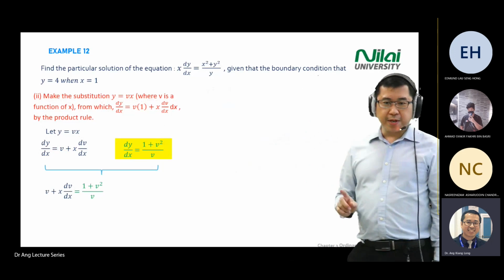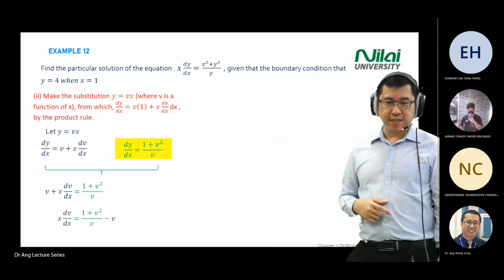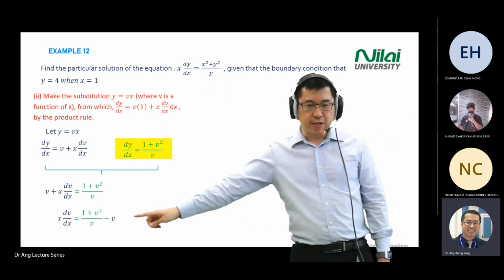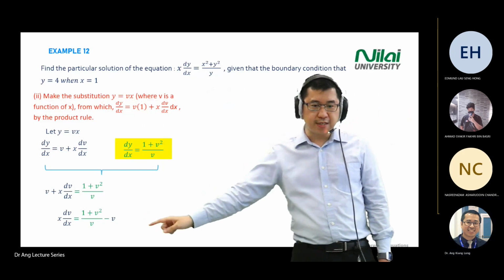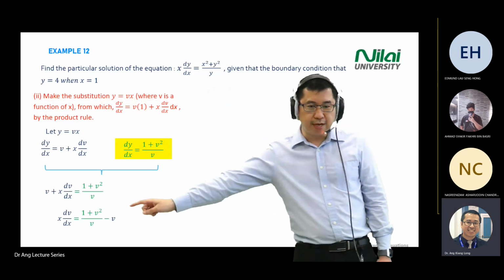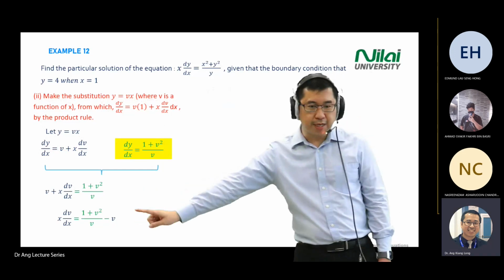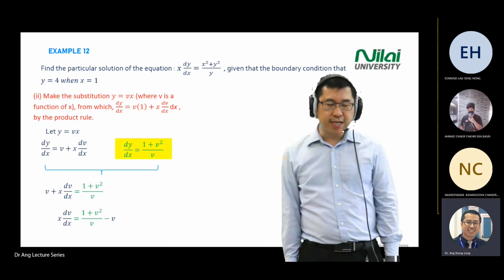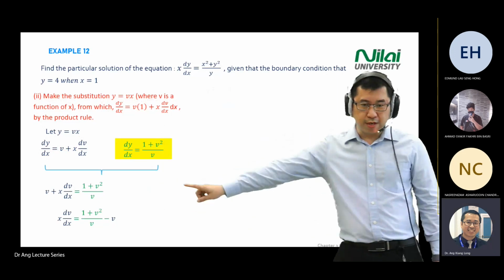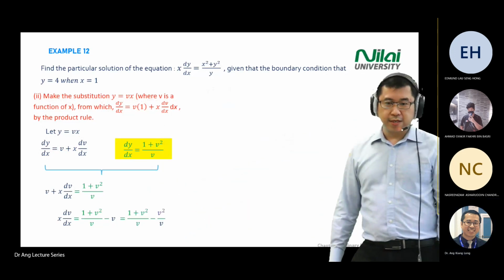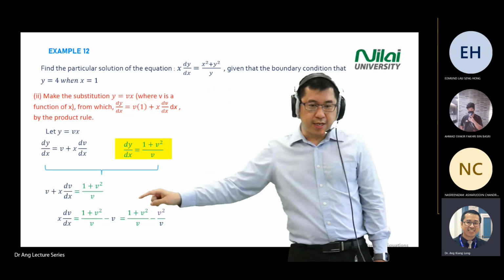Our purpose is to get x dv/dx. So you rearrange, put x dv/dx on one side, and then the rest you arrange accordingly. You rewrite the equation together.